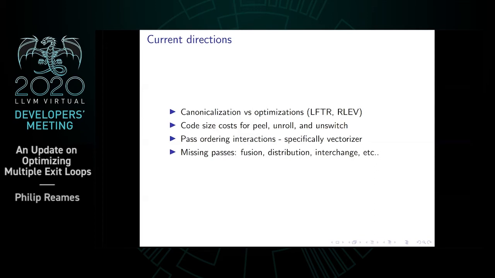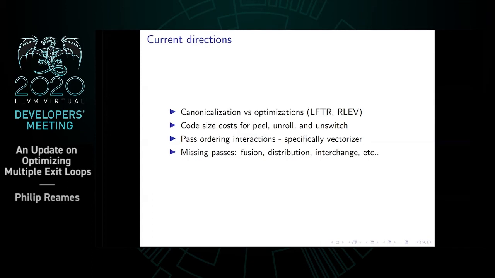So overall, at this point, I think we're fairly comfortable with where we stand in terms of our ability to handle multi-exit loops. The general approach of handling multi-exit loops first class has given us a lot more robustness and performance.